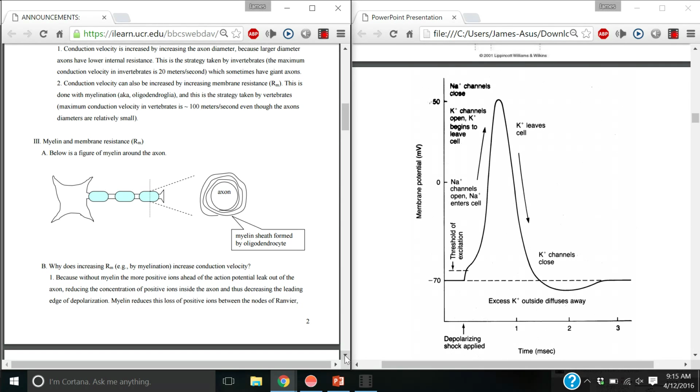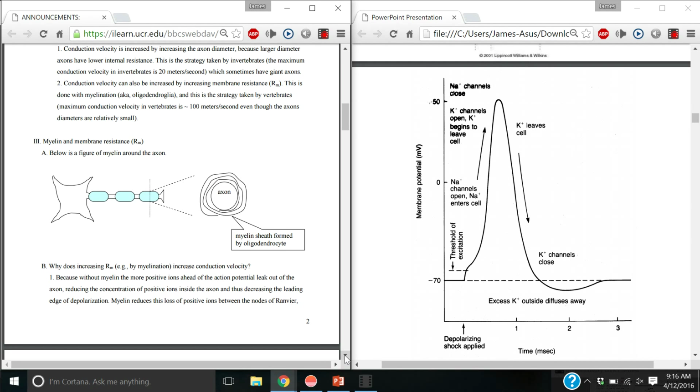Right? Because underneath the oligodendrocytes, the axonal membrane has very few voltage-gated sodium and potassium channels, which are a defining feature of action potential. So you have the action potential basically skipping, that's the saltatory conduction, skipping from node of Ranvier to node of Ranvier.